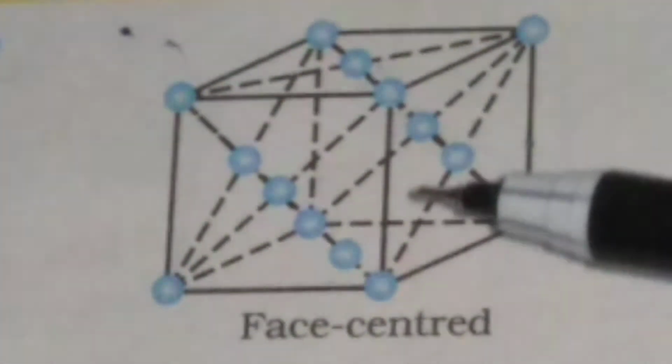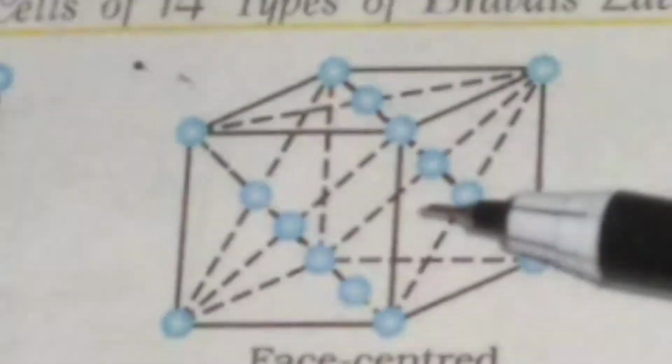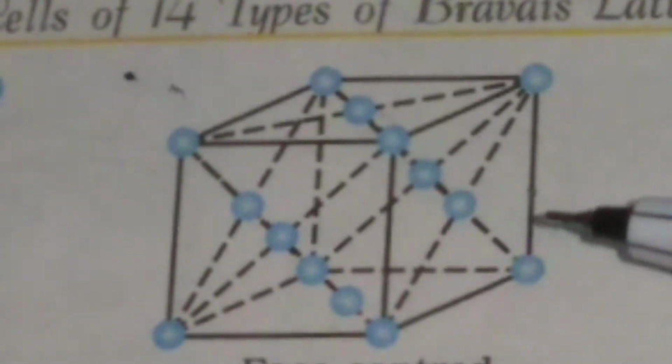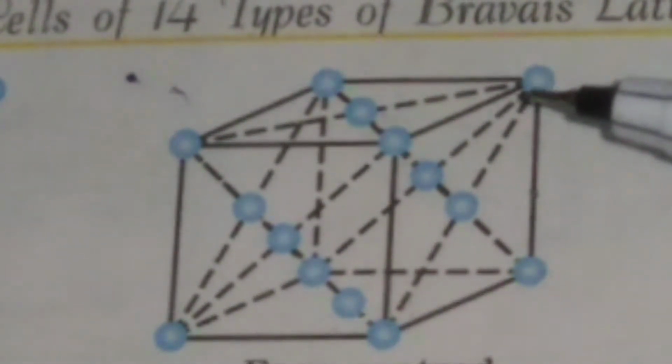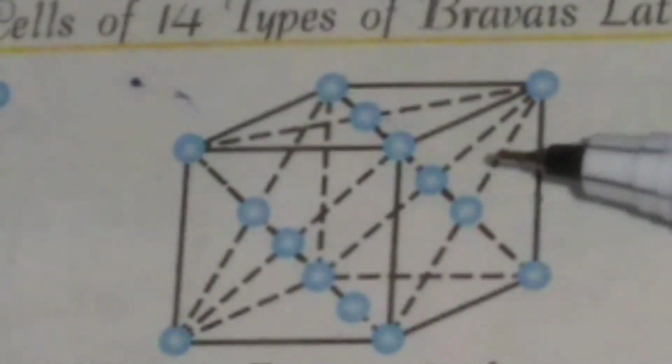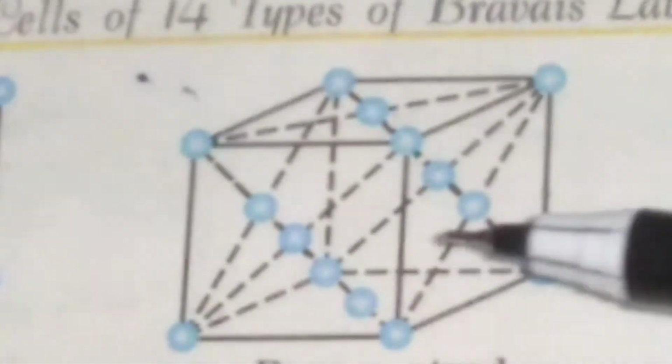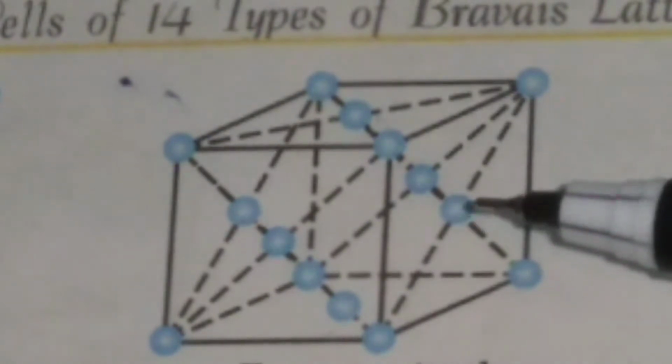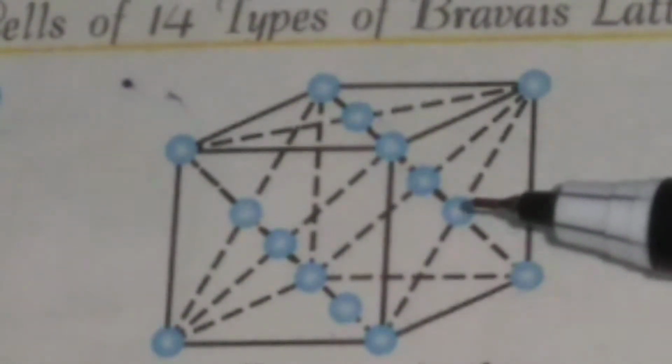Similarly, there are 6 atoms at the 6 faces. So at the 8 corners you have 8 atoms, and there are 6 atoms at the center of the 6 faces.